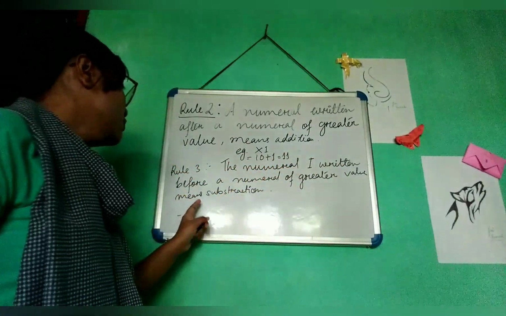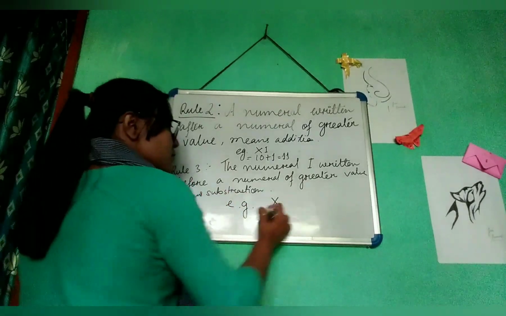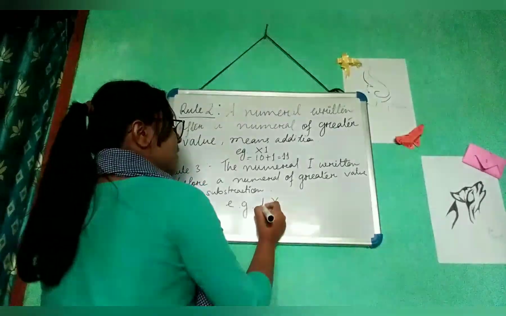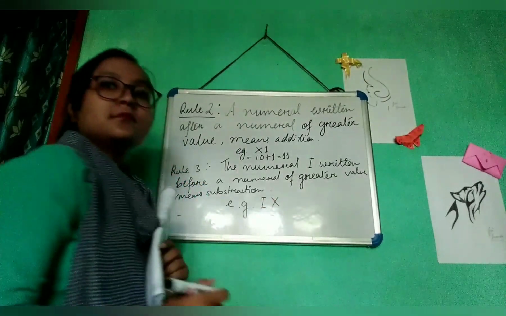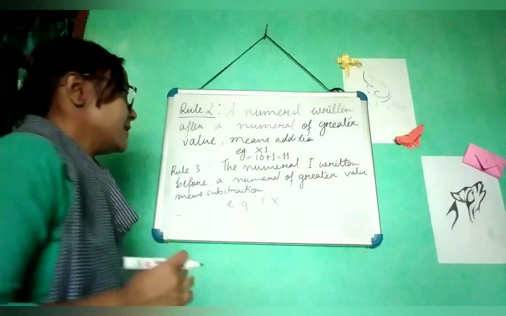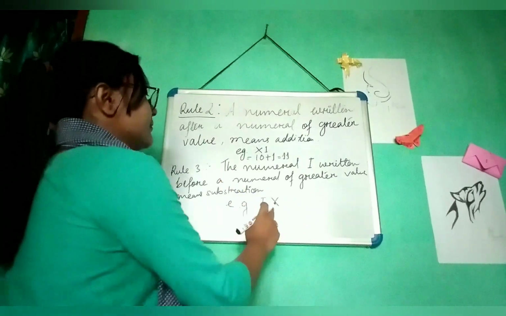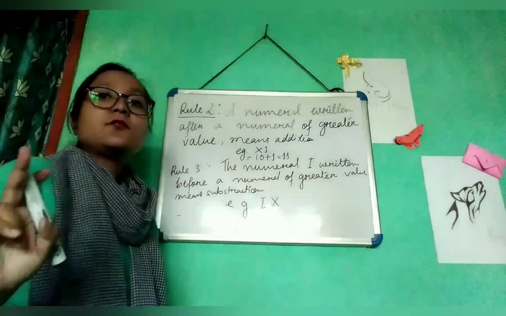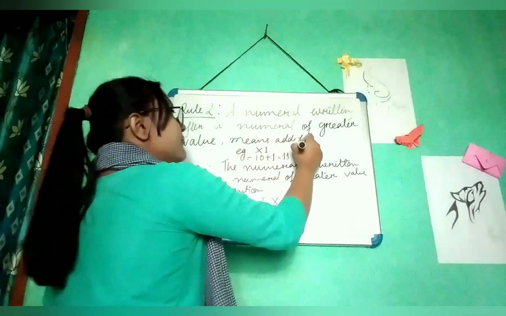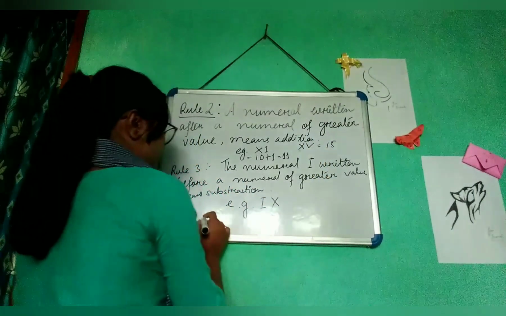In the third rule, it is given that the numeral I written before a numeral of greater value means subtraction. For example, X means 10. If I put 1 before it, it means minus. This is for I, not for V. Remember that. If you put V after X, it means 15, but you cannot put VX.